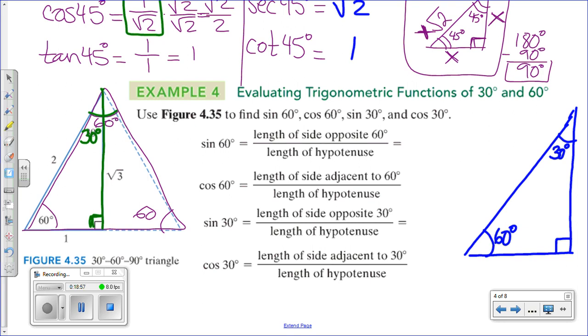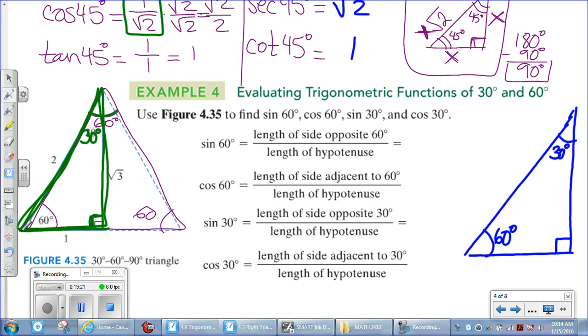So now, what I'm doing is cutting this equilateral triangle in half. I'm just going to take the triangle that is in green, or the one in blue on the right side. We will use that one in a minute. When we started with the equilateral triangle, each side was equal to 2.